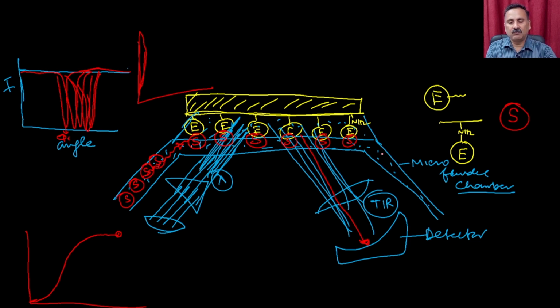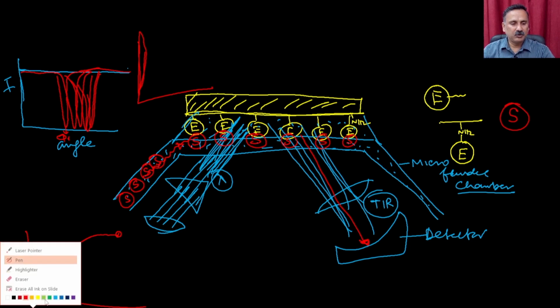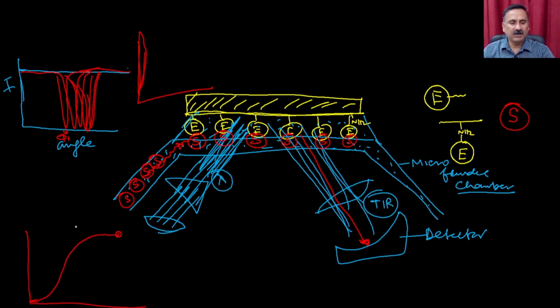When you flow only the buffer, it is going to have the dissociation, because the enzyme interacts with substrate and forms the enzyme substrate complex. It will keep making the enzyme substrate complex as long as you are supplying the substrate. When you don't supply the substrate, it is going to have the backward reactions, the breakdown of this enzyme substrate complex.